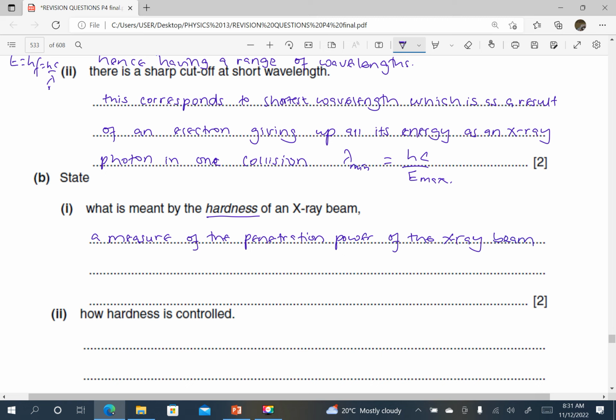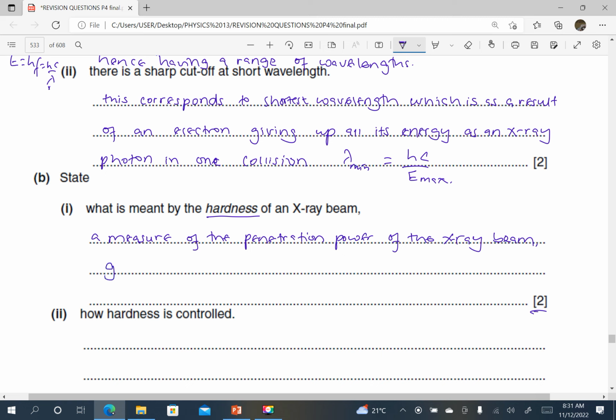A measure of the penetration power of the X-ray beam, but know that there are two marks. So answering questions carefully is very important. This statement that it is a measure of the penetration power of the X-ray beam cannot give you 2 marks. Emphasis is very important. The greater the penetrating power, the greater the hardness.